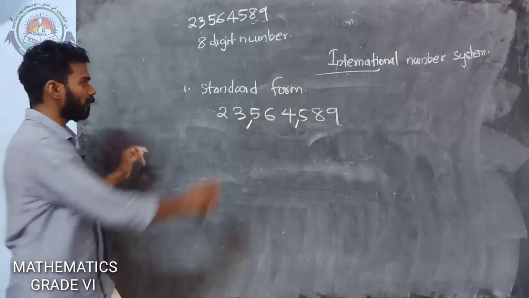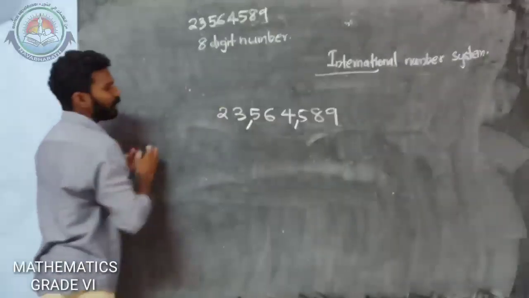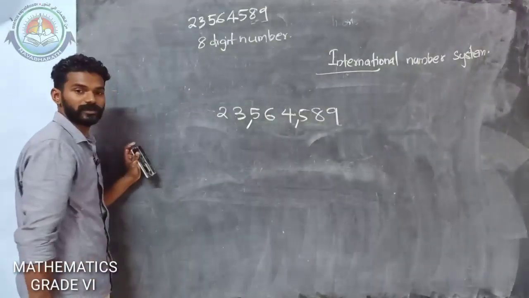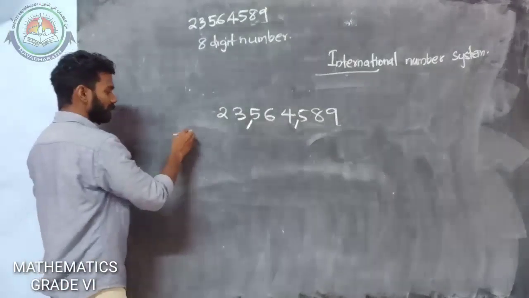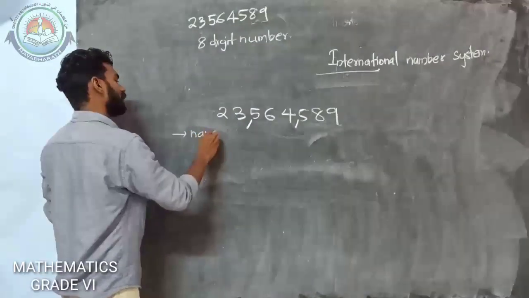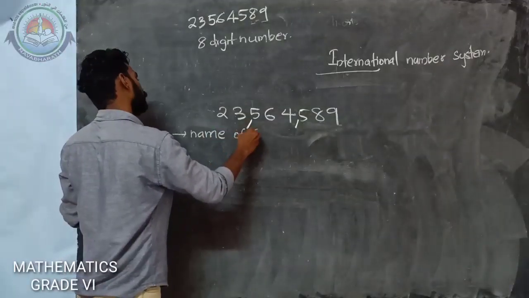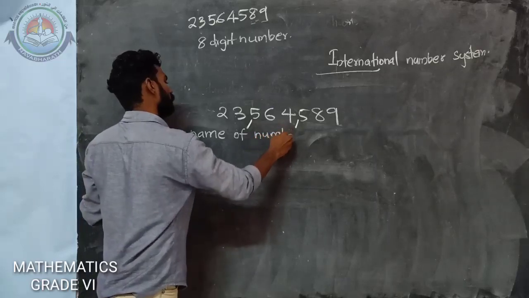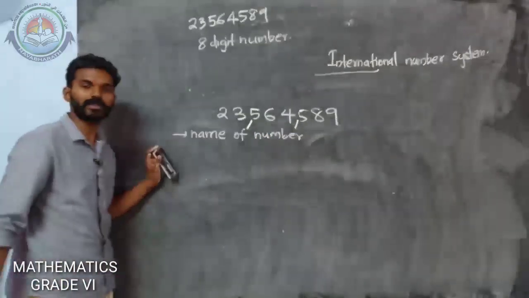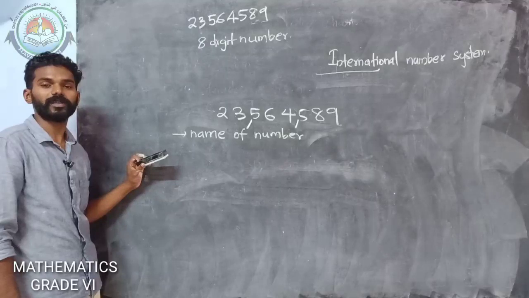After standard form, you have to express the name of this number. How can you express the name of this number? In which system? In the international number system. How can you express it?